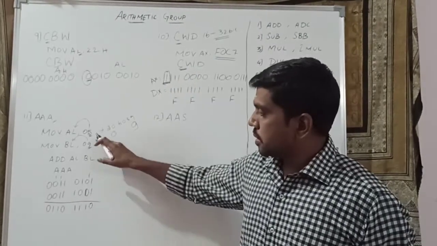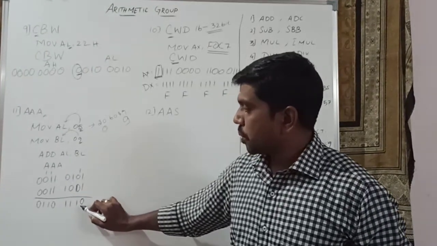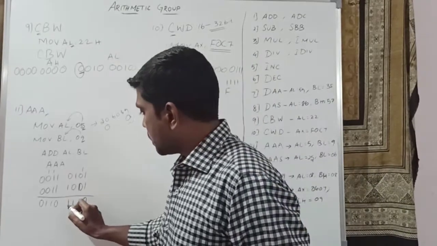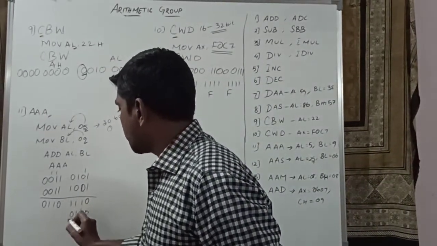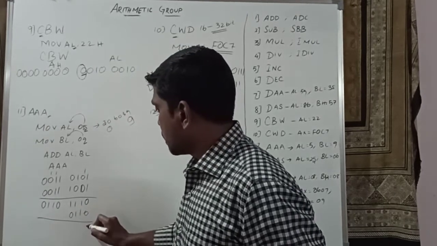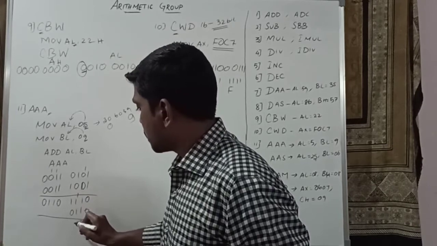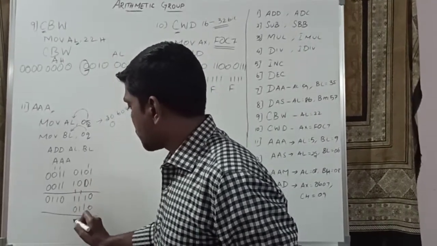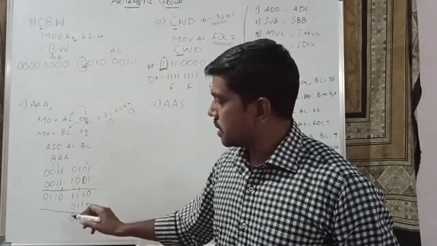After addition of these two contents, first you check the four lower bits. Is that value greater than 9? Here this value is greater than 9. To convert to a valid BCD number, you just add 6. The auxiliary carry propagates to the next bit.